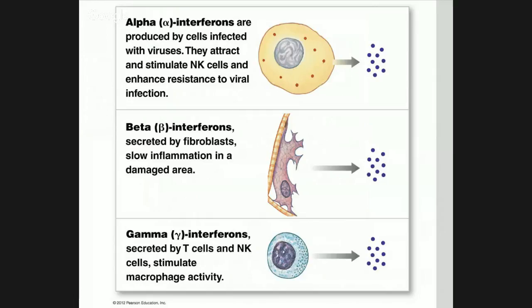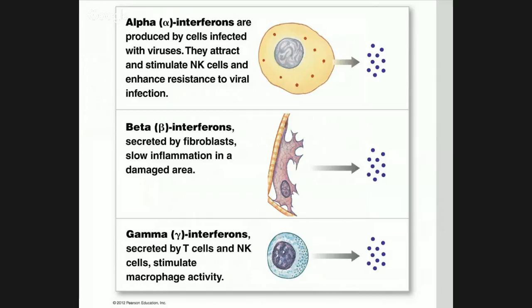When a cell is infected with the virus, what happens is the viral agent injects its genetic code, DNA or RNA, depending on the type of virus. The presence of foreign nucleic acids in a cell will stimulate transcription of a gene in the nucleus, specifically for alpha interferon. And so the cell will translate that gene into the proteins which are alpha interferon.